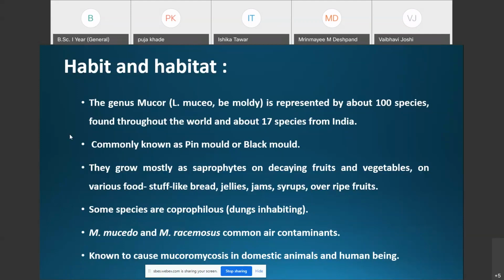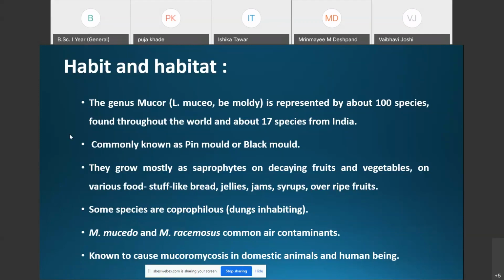Mucor can be grown in the laboratory by placing bread slices in a moist chamber at room temperature.